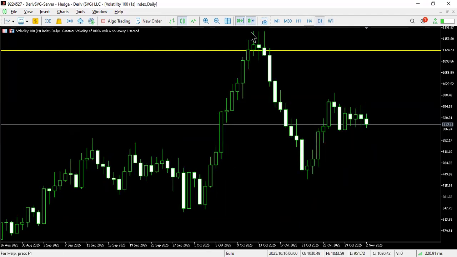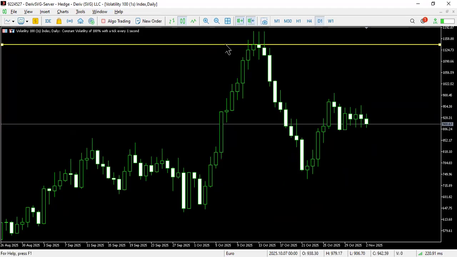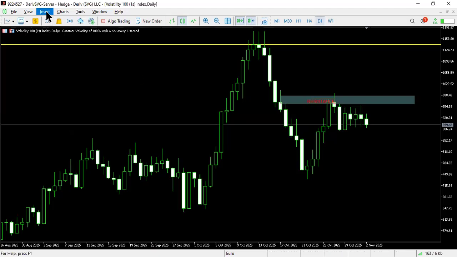And then if we go to the daily time frame, we have a resistance there where price is rejecting, and then down here we have a support.